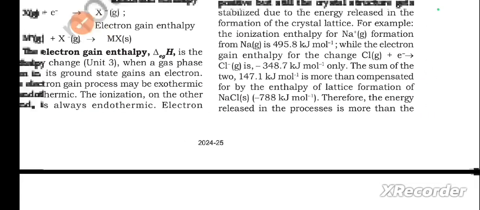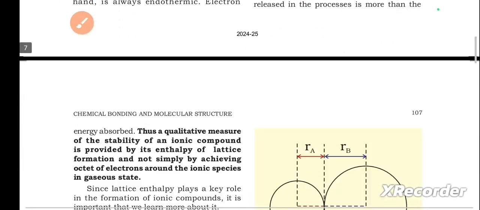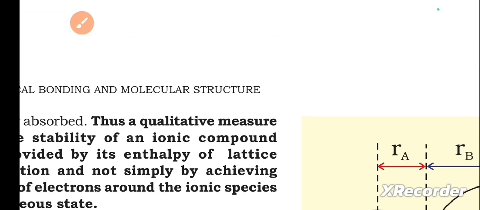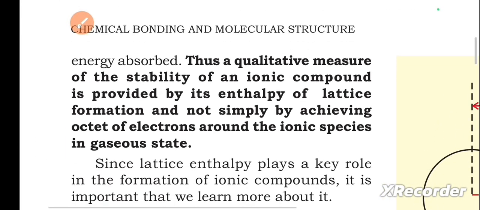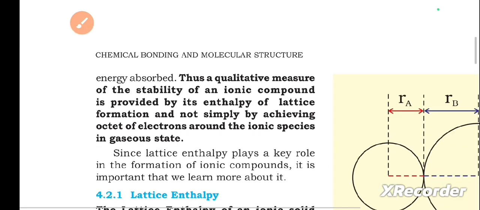Therefore, the energy released in the process is more than the energy absorbed. Thus, a qualitative measure of the stability of an ionic compound is provided by its enthalpy of lattice formation and not simply by achieving octet of electrons around the ionic species in gaseous state.